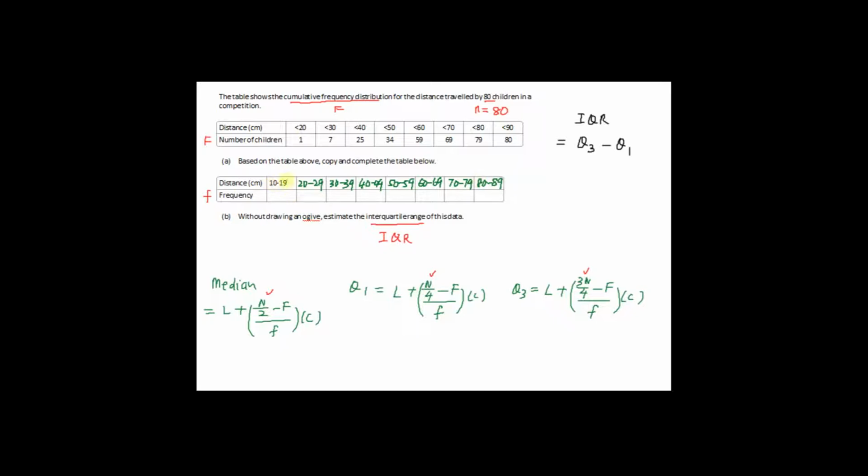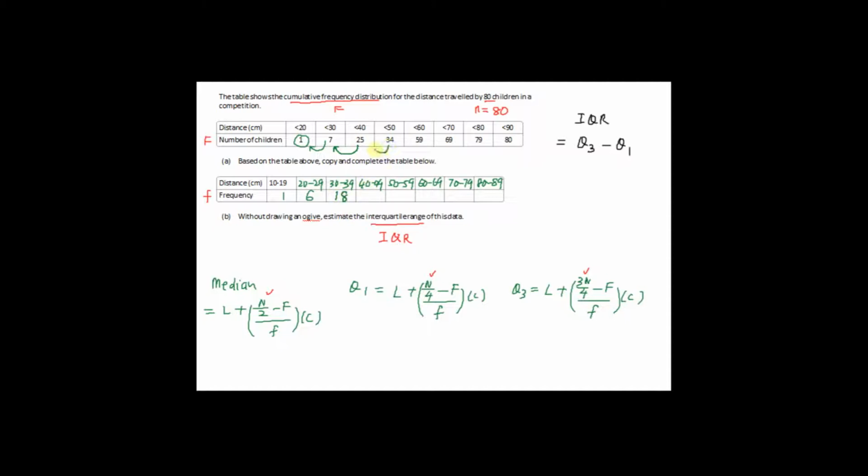The frequency for 10 to 19 is 1. The frequency for 20 to 29, you use 7 minus the previous one, which is 6. The frequency for 30 to 39 will be 25 minus 7, which is 18.